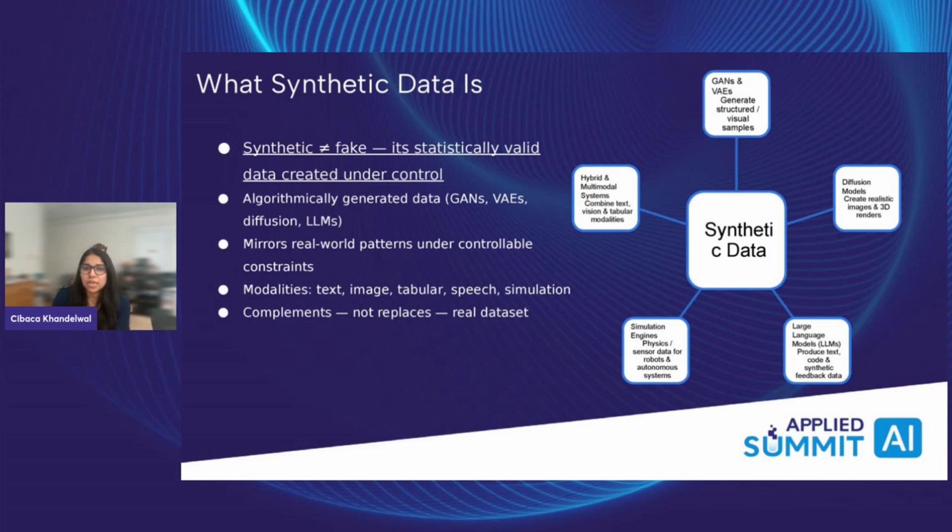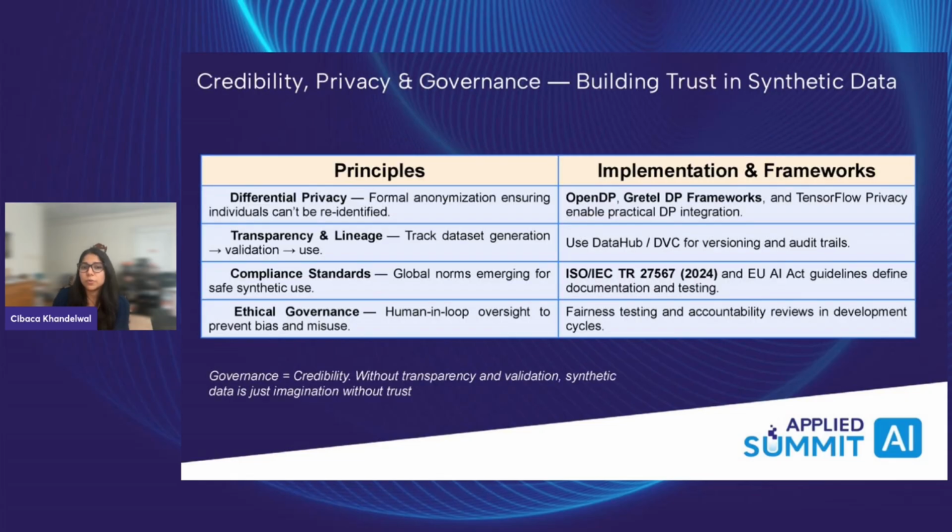Diffusion models start from random noise and iteratively refine the structure, producing extremely realistic outcomes. And large language models can now simulate entire tables, summaries, contextual understanding, and dialogues. Together, these techniques expand the diversity of examples available for training and testing, giving us more balanced and bias resistant models.